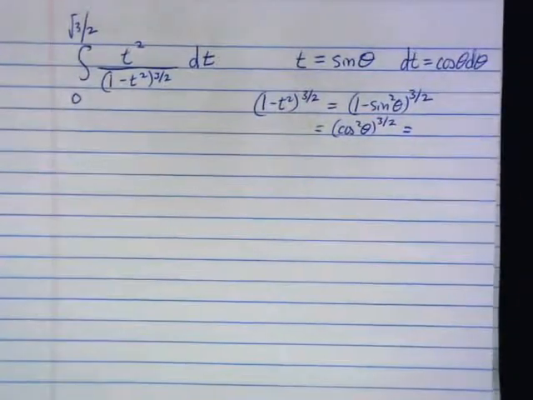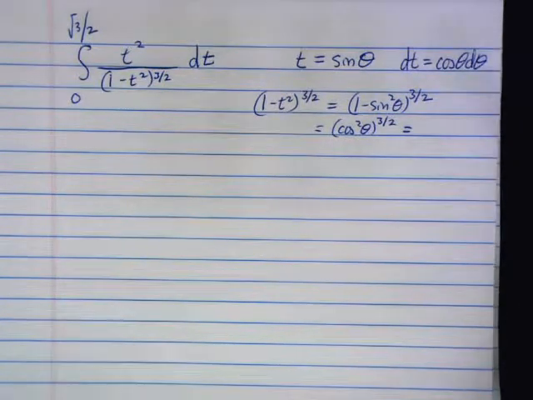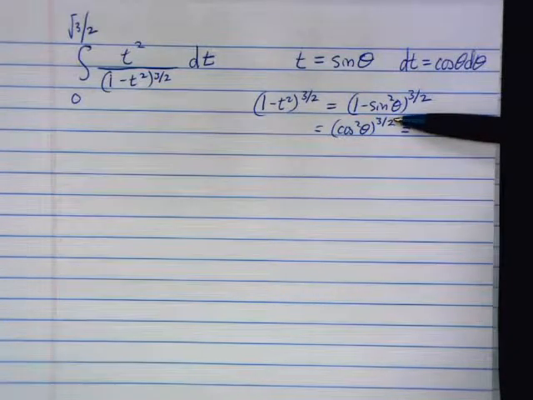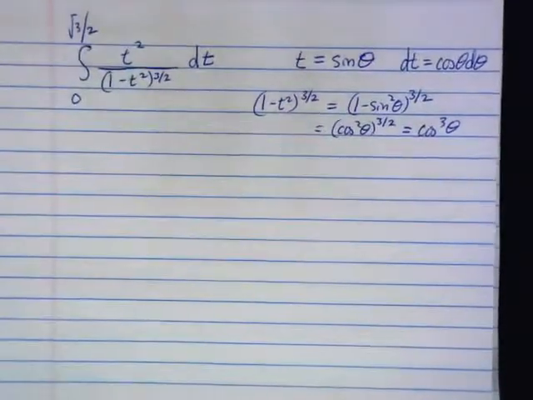How much is cosine squared raised to the 3 halves? Cosine cubed. Because you have a power followed by another power, you multiply your powers. Or this is a square, and this 2 on bottom of this fraction is a square root. What do squares and square roots do to each other? They cancel. So this is just cosine cubed theta.